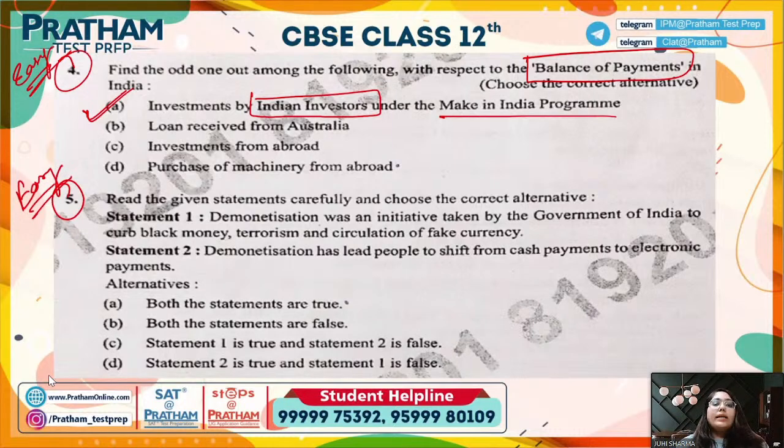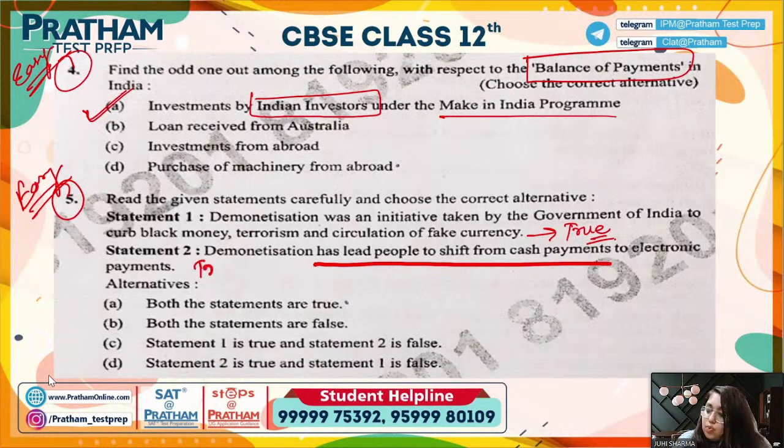So statement 1 says that demonetization was an initiative taken by the government of India to curb black money, terrorism, and circulation of fake currency. Now, this is absolutely true, yes, these were the reasons of demonetization. Now, statement 2 is demonetization has led people to shift from cash payments to electronic payments.